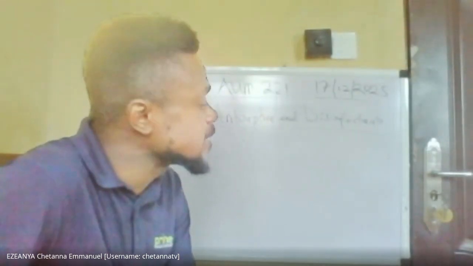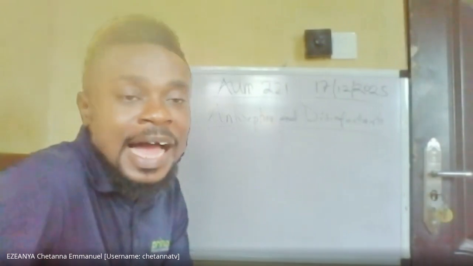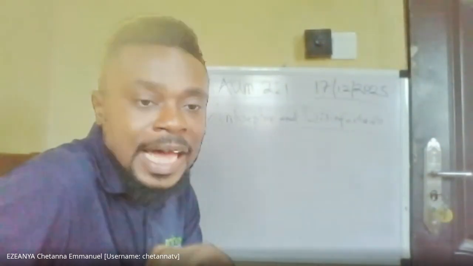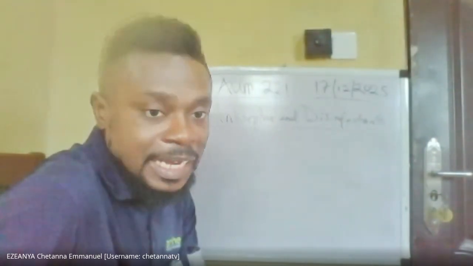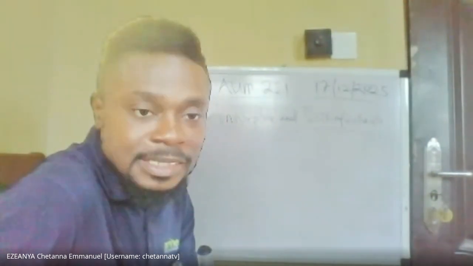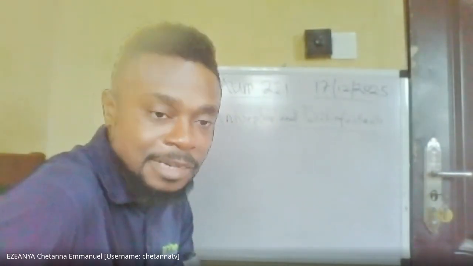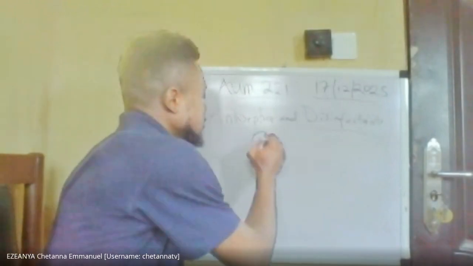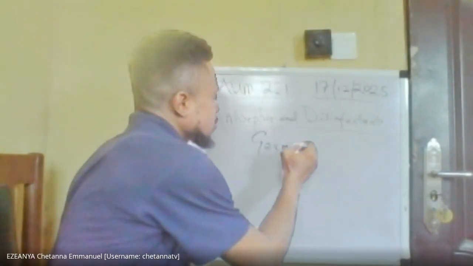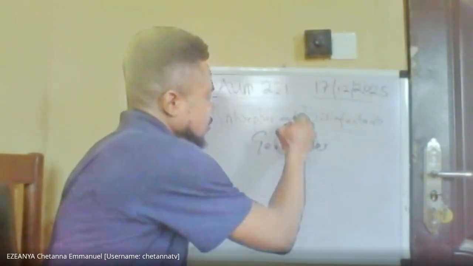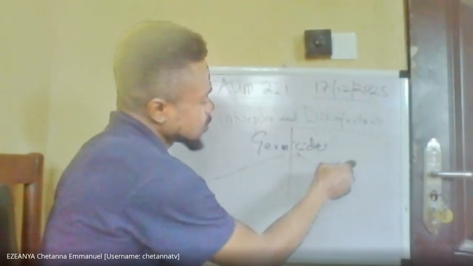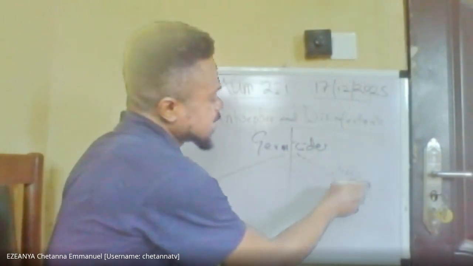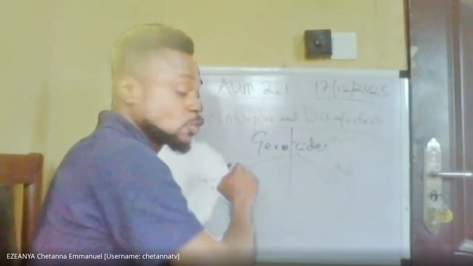the antiseptics and disinfectants are under a class of agents known as germicides. Germ plus cide, so it talks about killing. Of course, we know what germs are.